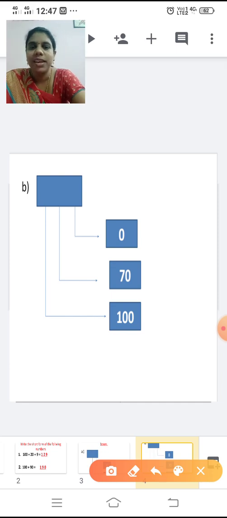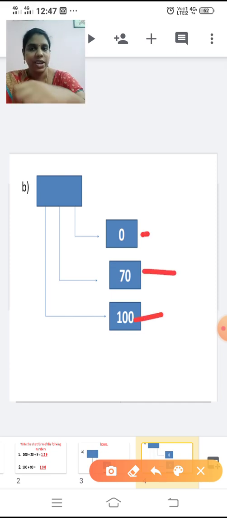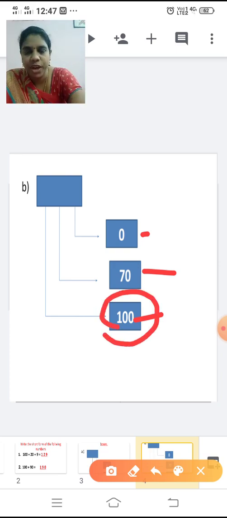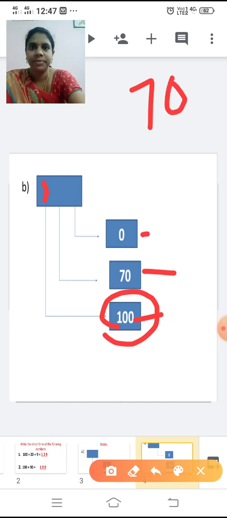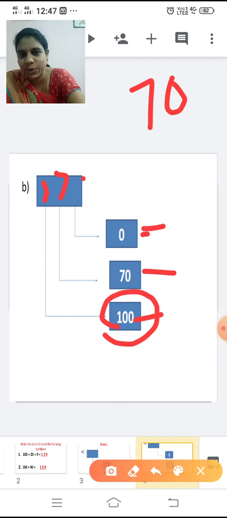Now next one, here we have 0, 70, 100. Shall we form the number? What is the face value of 100? 1. What is the face value of 70? 7. Very good. And what is the face value of 0? 0.